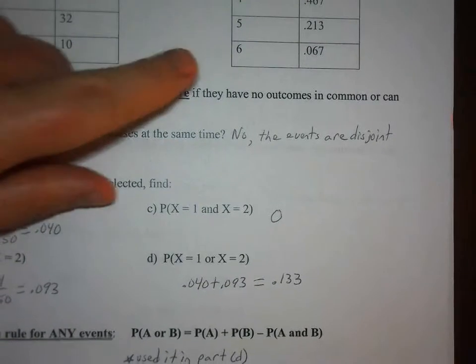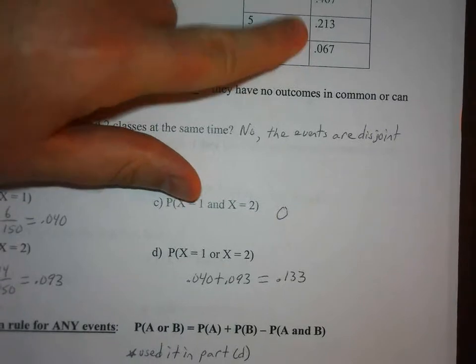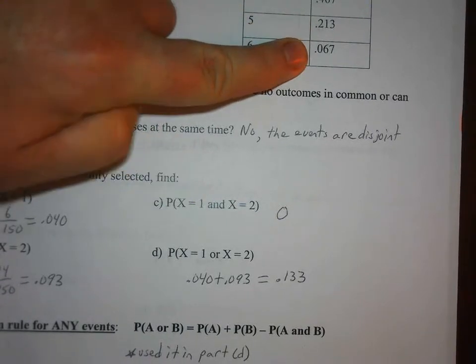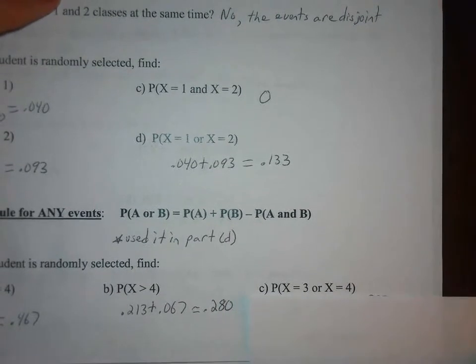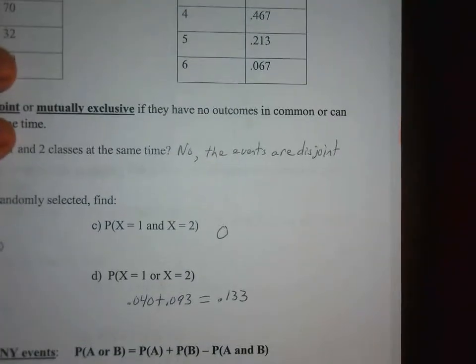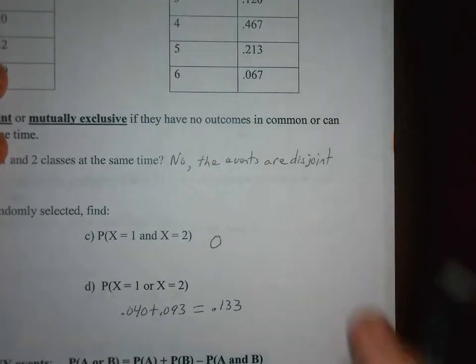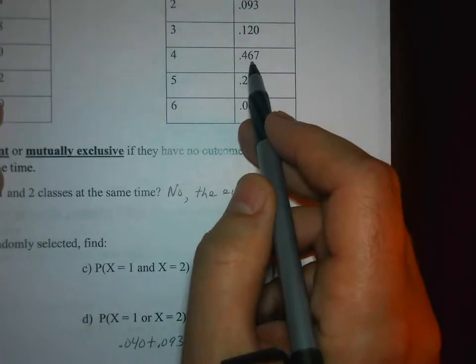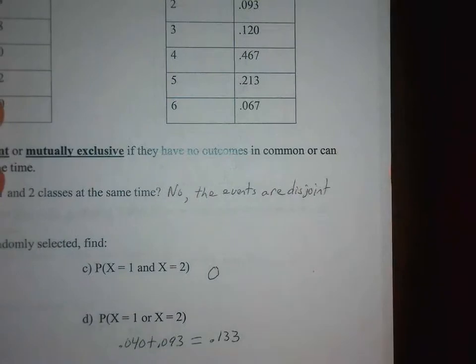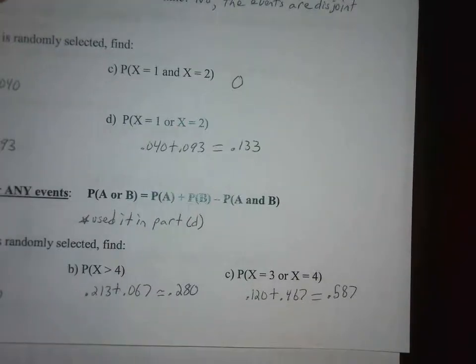So you would add 5 and 6 together. So 0.213 plus 0.067, which is 0.28. And then x equals 3 or x equals 4, you would add 3, which is 0.12, plus 0.467. You would add those to get 0.587.